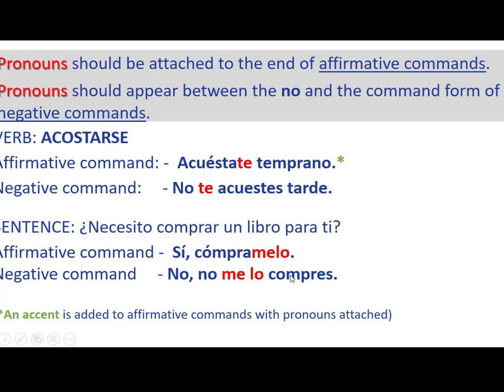This is buy it to me. This is don't buy it to me. And careful because an accent mark is going to be added to that command once you put the te. Usually not in the last syllable, but the one previous to the last syllable.